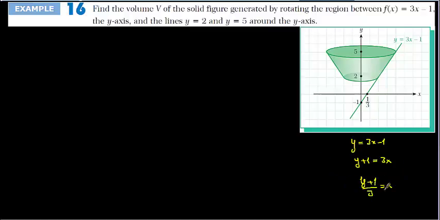So the function f(y) here is equal to (y plus 1) over 3. And the boundaries are 2 to 5. Volume is equal to pi times integral 2 to 5 of ((y plus 1) over 3) squared dy.